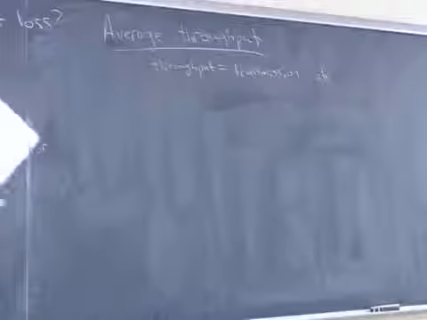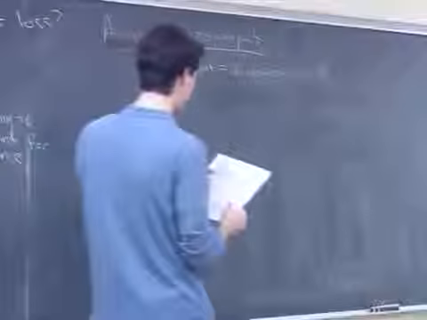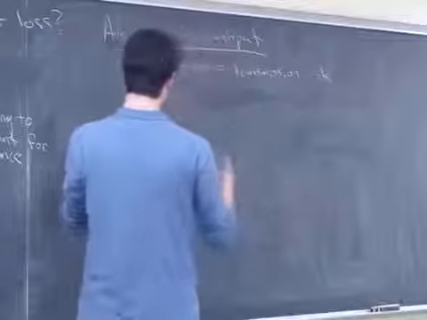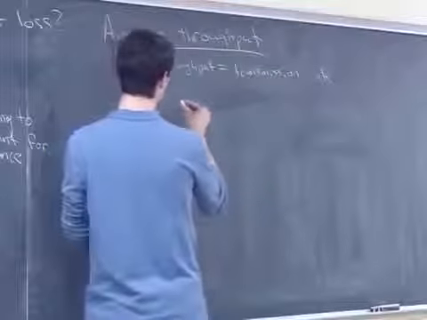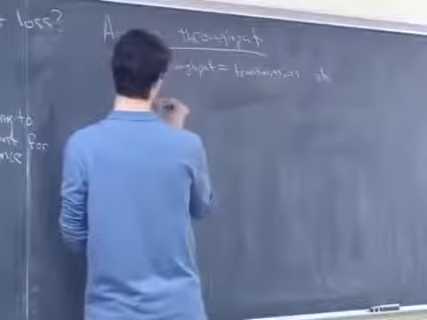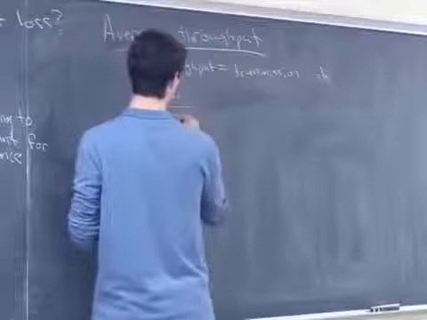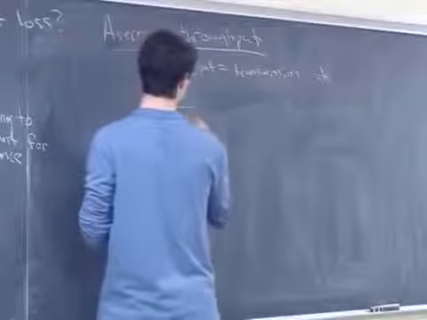So throughput is equal to your instantaneous transmission rate, all right? And we want to find this average throughput rate. Well, on average, it's equal to our window size divided by the round trip time.